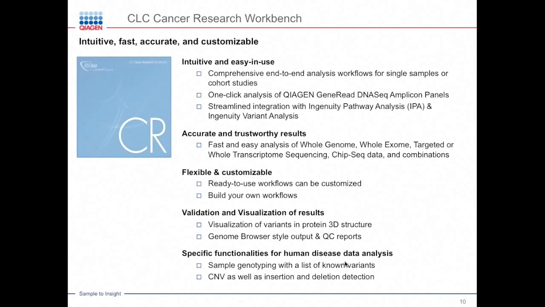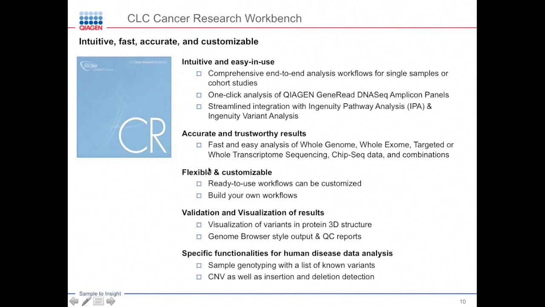We used it to generate RNA-seq data, but it works for all kinds of variant calling and panels, like from QIAGEN, GeneRead. And the cool thing for us especially is it has a streamlined connection to IPA. So you can process the data in the workbench and then just click and send it to IPA. So it's really easy.